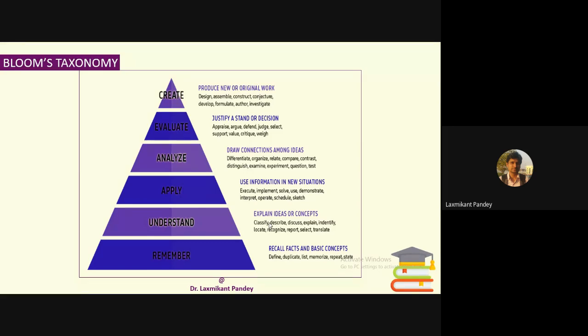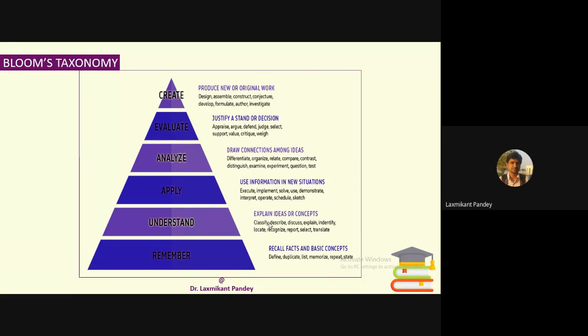Grows. So if I'm teaching this particular topic, students cannot understand exactly how it is happening, because that topic is more or less related to the practical. In that case, you need to demonstrate those topics in such a way that students can understand them.